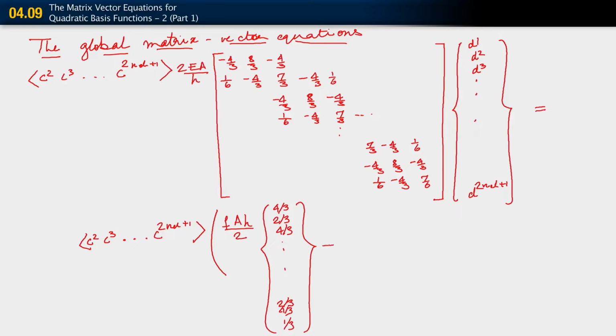And here we get a vector which is the contribution from the traction. It's filled with zeros all the way down to the very last component, which is t times a.